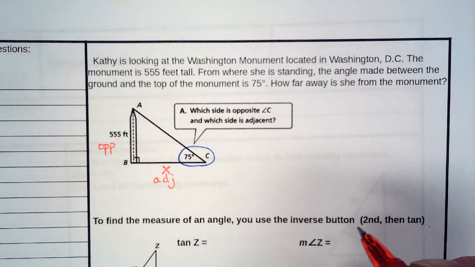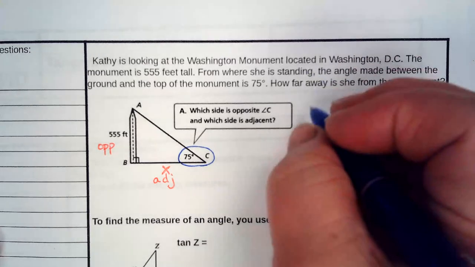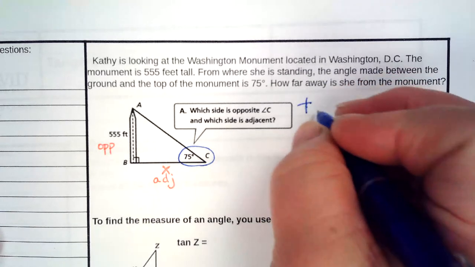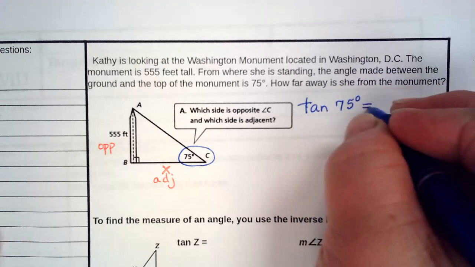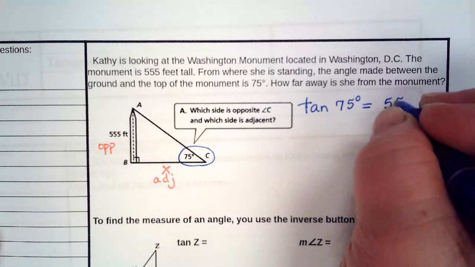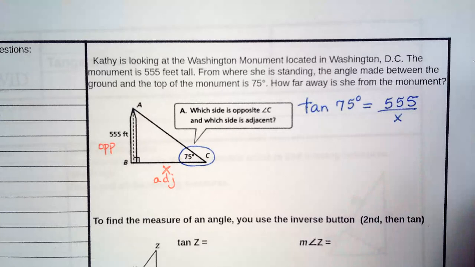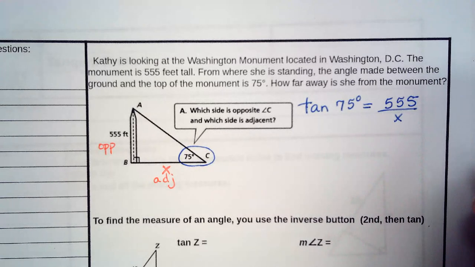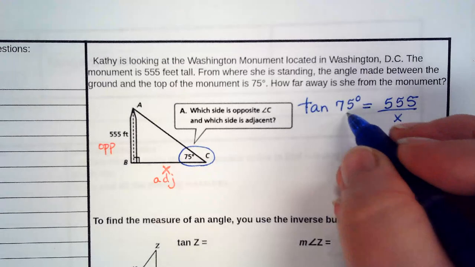Before we did not have a numerical value for our angle. This time we do. So the tangent of 75 degrees is equal to 555 divided by X. Any questions? This is where the angle measure goes.